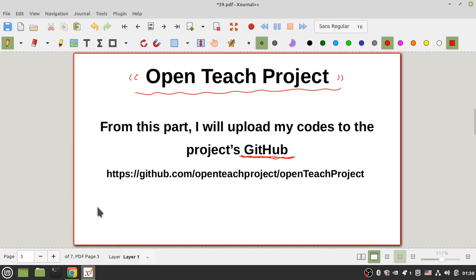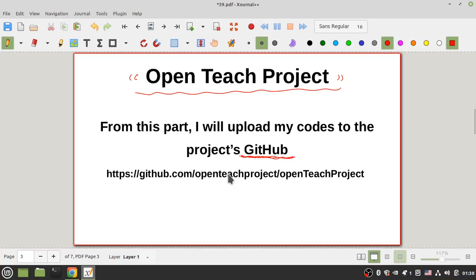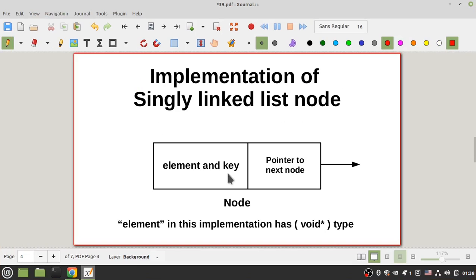So the address of my repository is GitHub OpenTeach project. Let's talk about some other linked lists that I've implemented to use in my real-time operating system. One of them is the singly linked list.